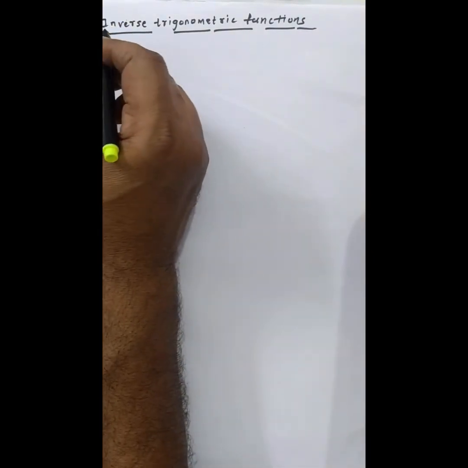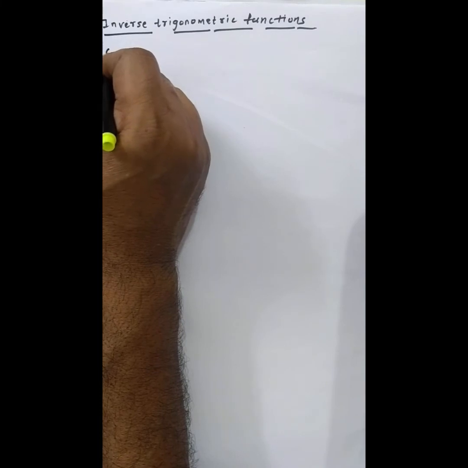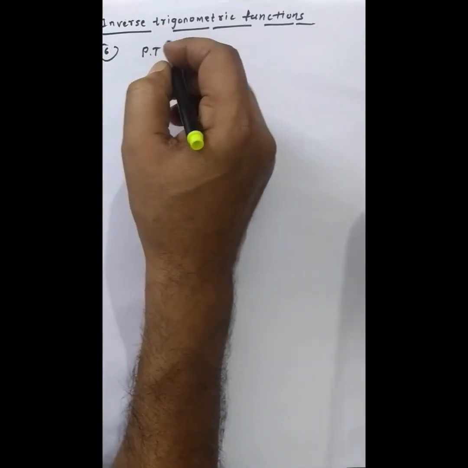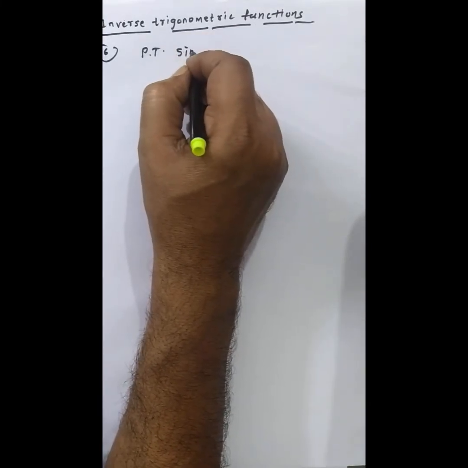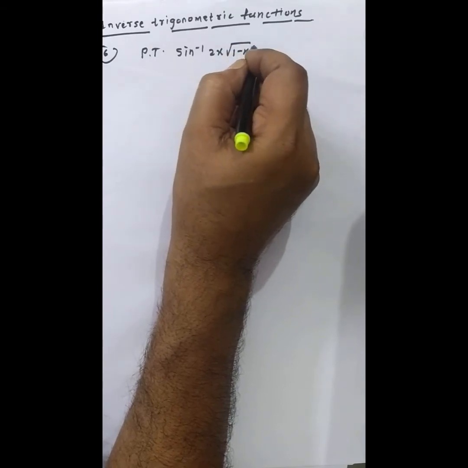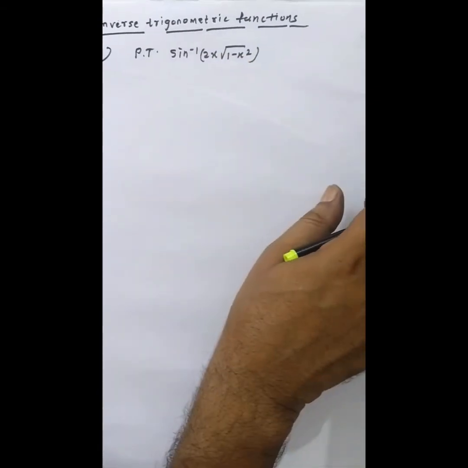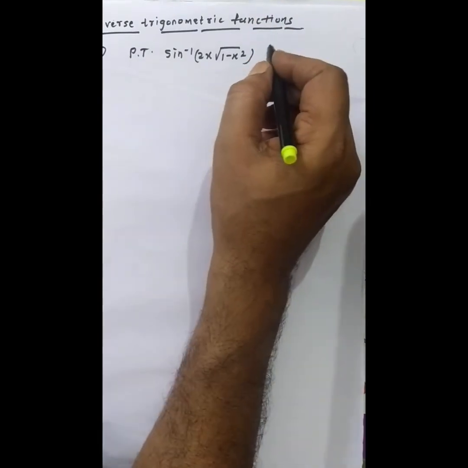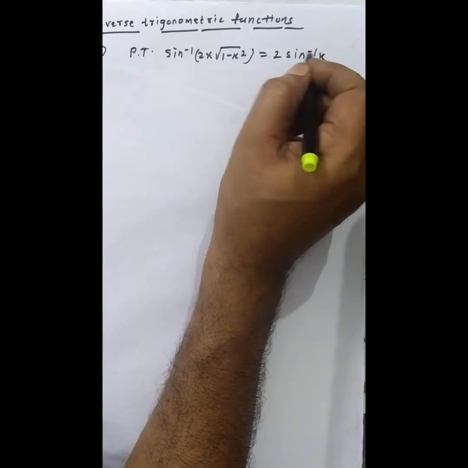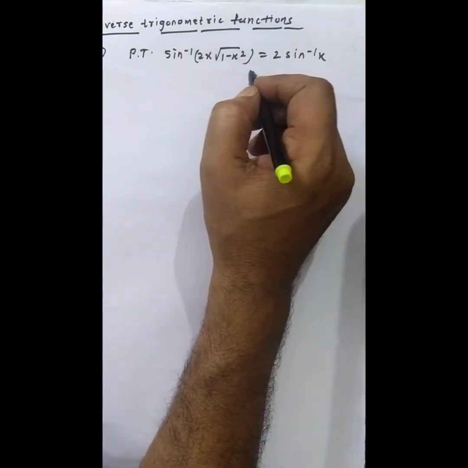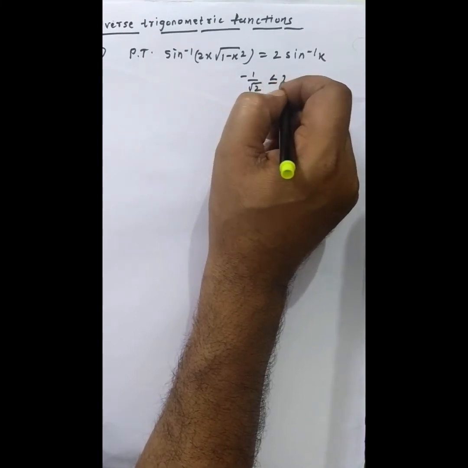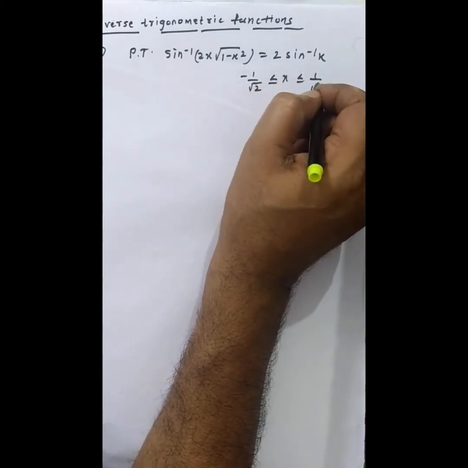So next we'll go for: prove that sine inverse of 2x into root of 1 minus x square equals 2 times sine inverse of x, under the condition minus 1 by root 2 is less than or equal to x less than or equal to 1 by root 2.